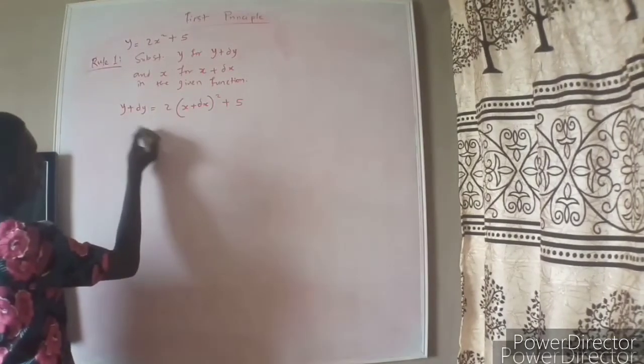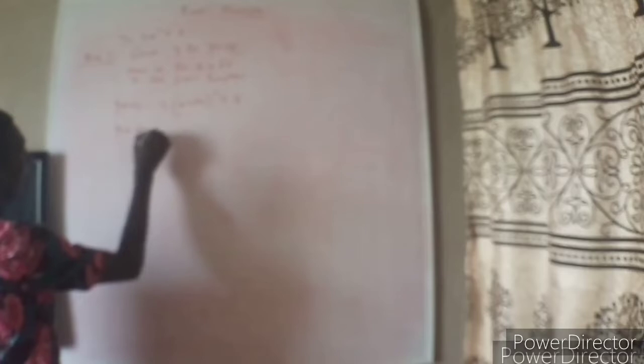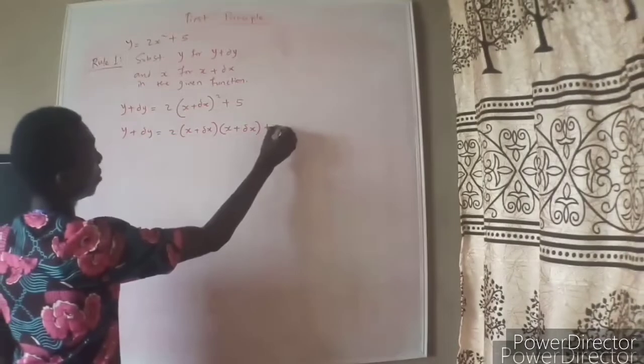So now continue. The next one is we're going to simplify this place. So my y plus delta y equals 2 into bracket x plus delta x. Since it's squared, it will be in two places, plus 5.